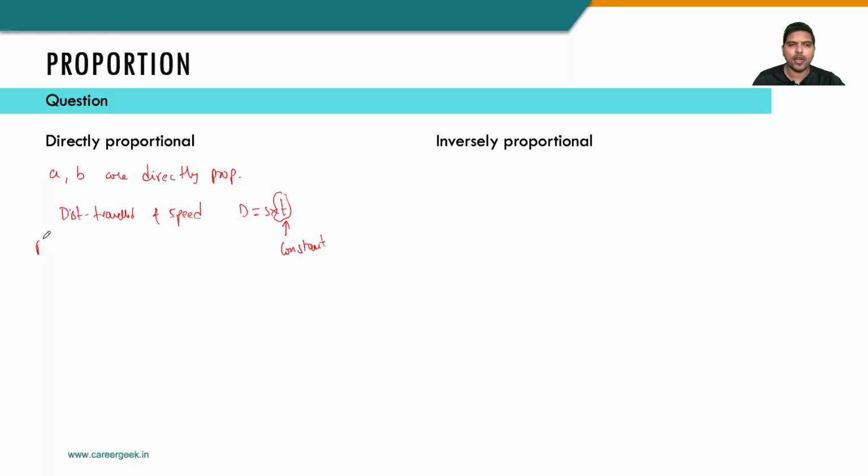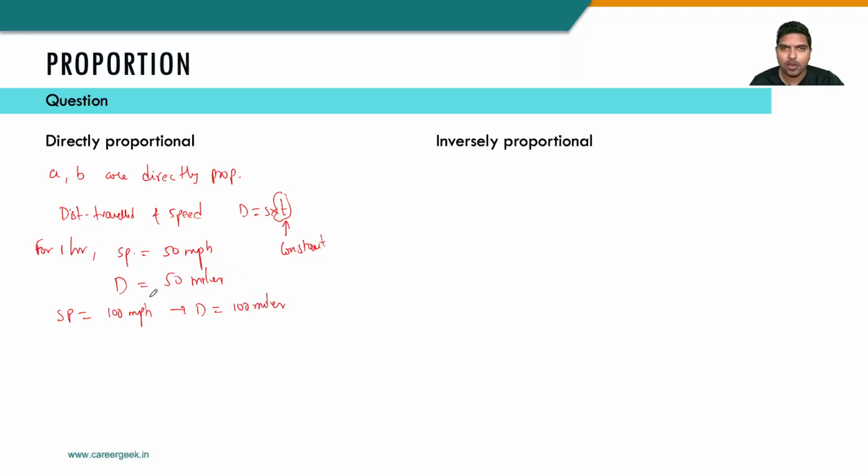Let's say for 1 hour, so t is 1. If speed is 50 miles per hour, what is the distance traveled? It will be 50 miles in 1 hour. Similarly, if speed is 100 miles per hour, what will be the distance traveled? 100 miles.